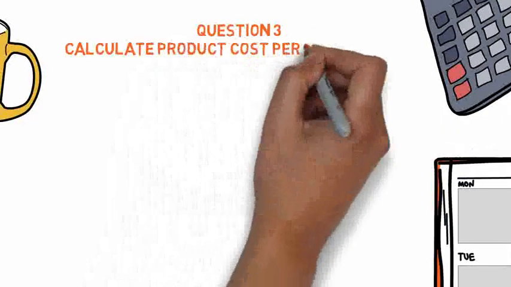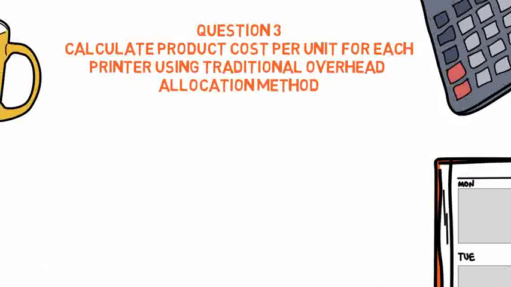Okay, third question is, calculate the product cost per unit for each printer using the traditional overhead allocation method. The formula for product cost per unit is direct cost per unit plus overhead cost per unit. We already calculated overhead cost per unit, and we need to find direct cost per unit for each printer.